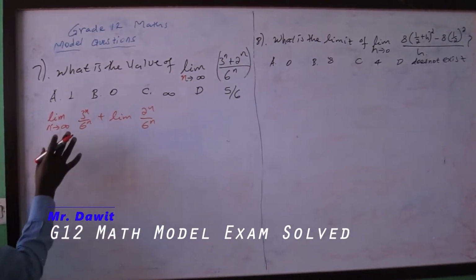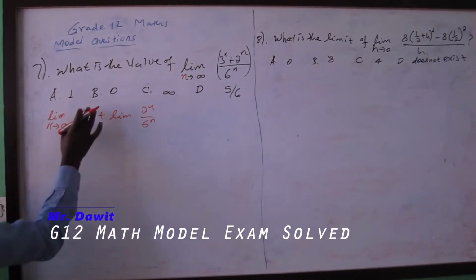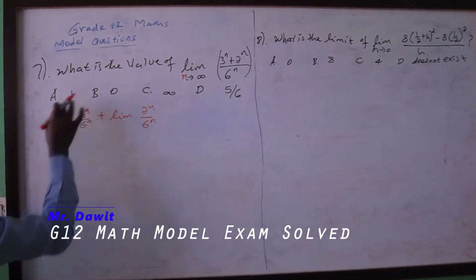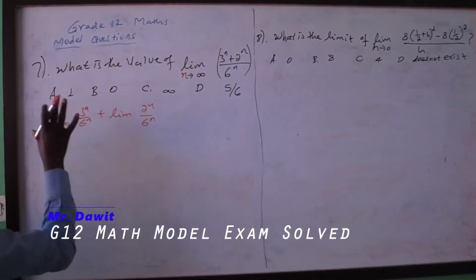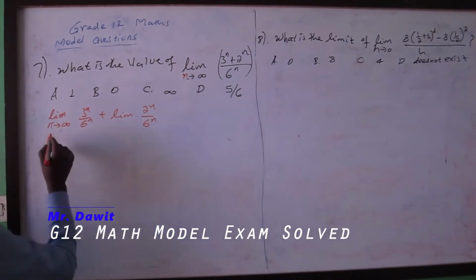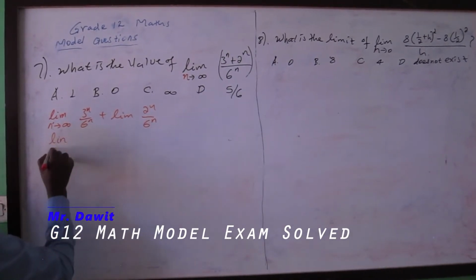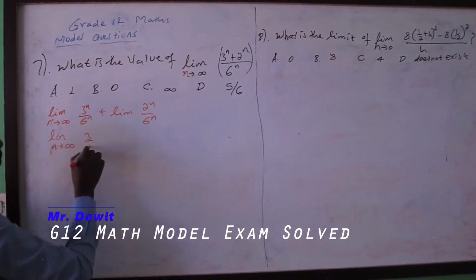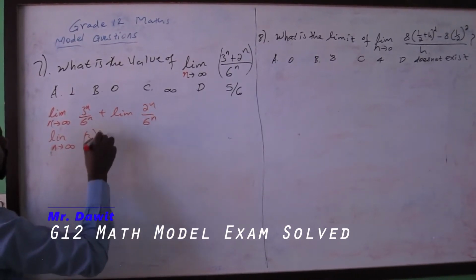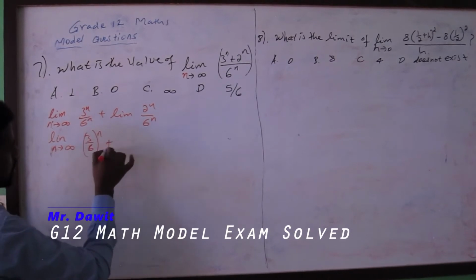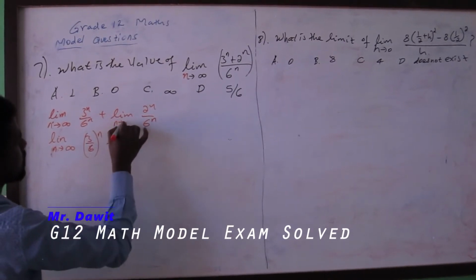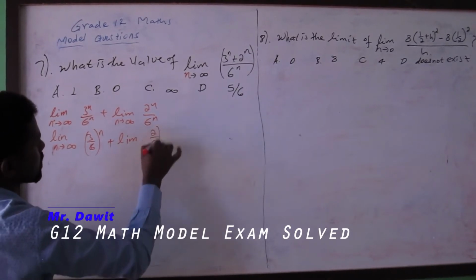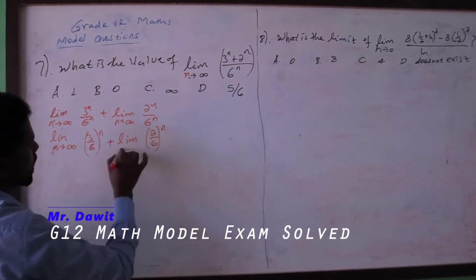So we know that when the value of n is going to infinity, meaning a very large number, comparing the numerator and the denominator, we have to estimate it. The limit as n goes to infinity of 3 over 6, the whole to the power of n, plus the limit as n goes to infinity of 2 over 6, the whole to the power of n.